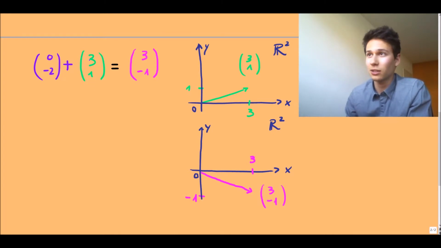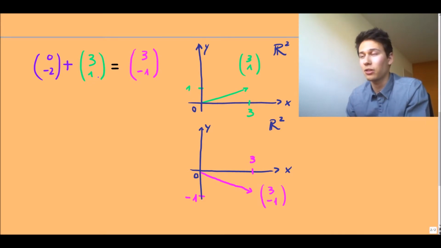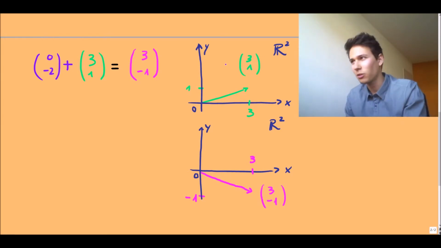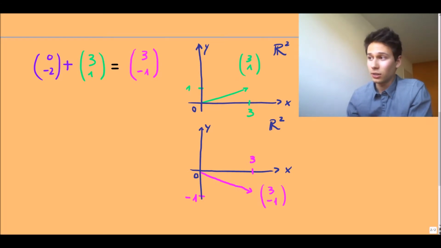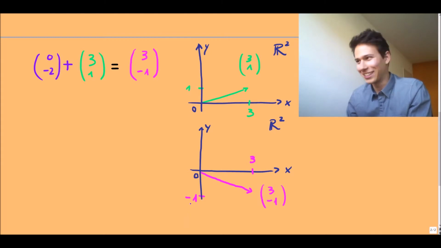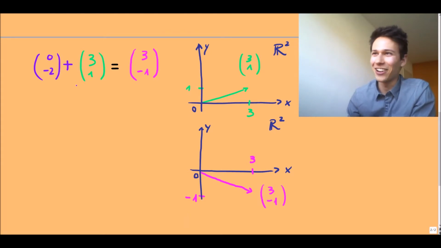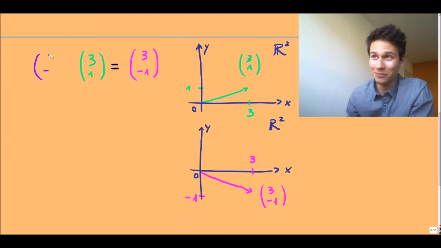So this operation would only mirror the vector 3, 1, but it wouldn't mirror, for example, the vector 5, 4 or any other vector. So this operation only works for the vector 3, 1. What we want is an operation that mirrors all possible vectors in the R2 to a new vector in the R2. So what we need is something else.